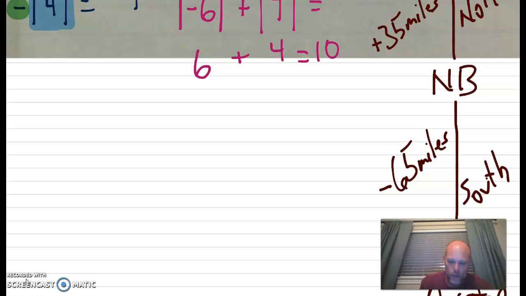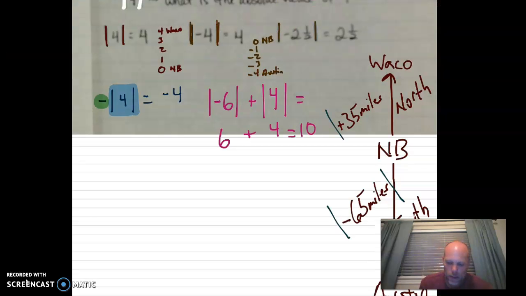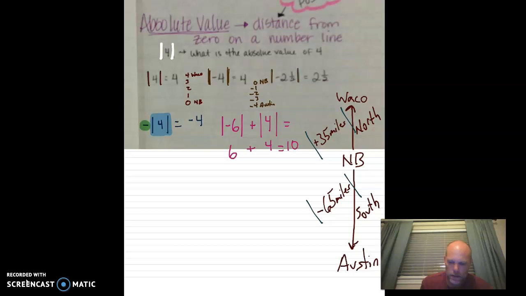We would have to find the absolute value of -65 and +35, and we would combine them. So the question is, how far is it for that whole distance? Well, we know it's 65 miles from North Belton to Austin, and it's 35 miles from North Belton to Waco.